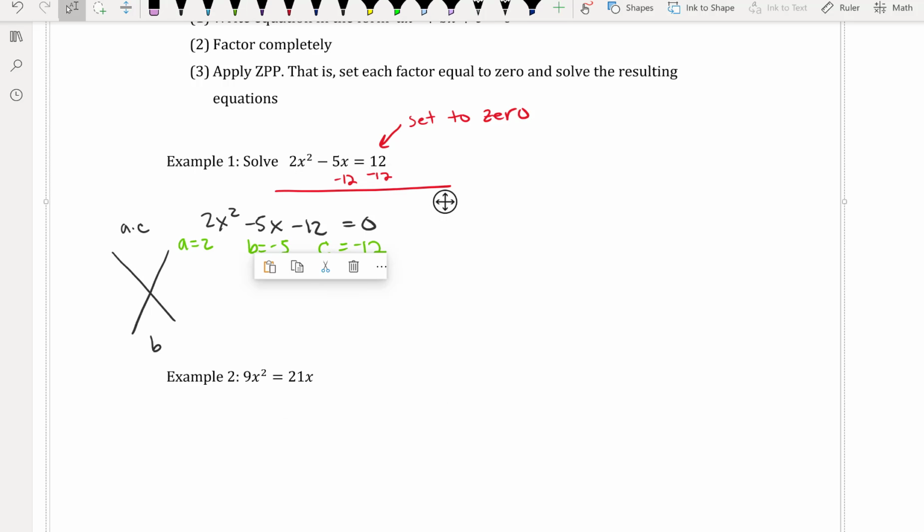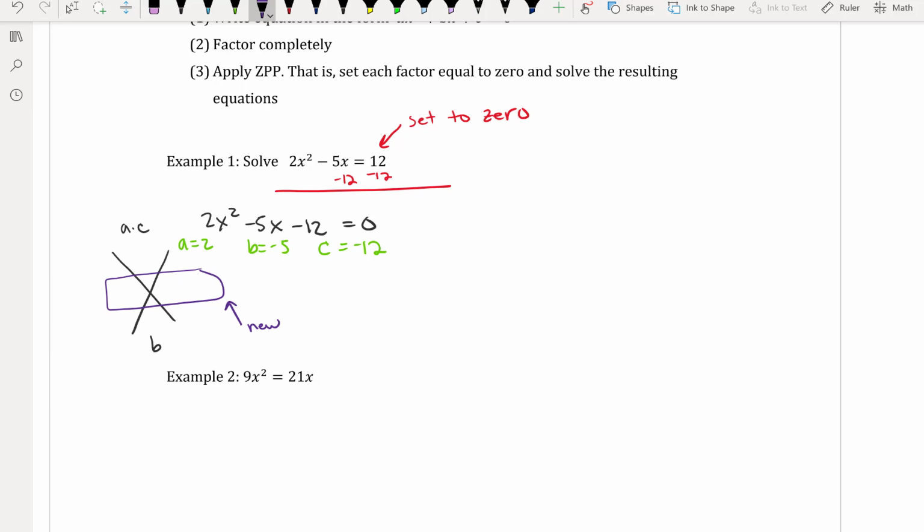And I'm going to rewrite this using my new B values. Up on top I have A times C, so 2 times negative 12 gives me negative 24. My original B value here is negative 5. So I want two numbers that multiply to negative 24 but add to negative 5.